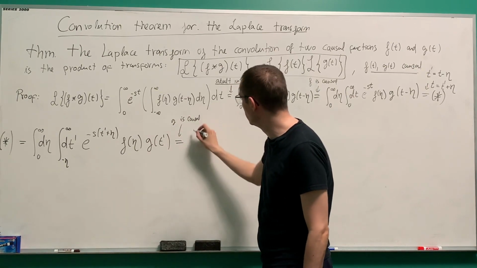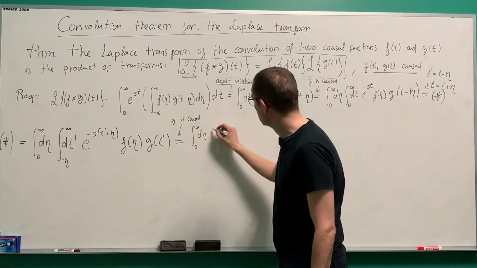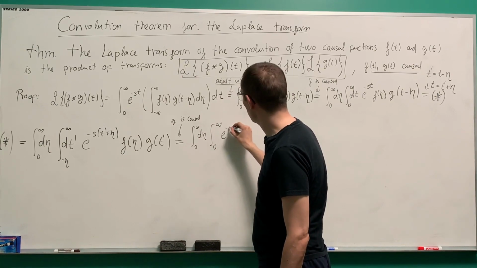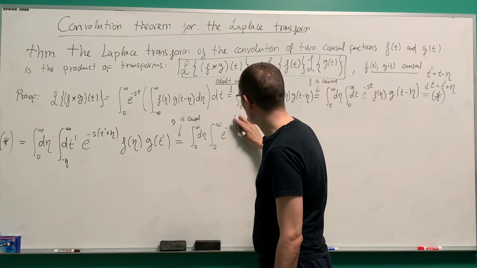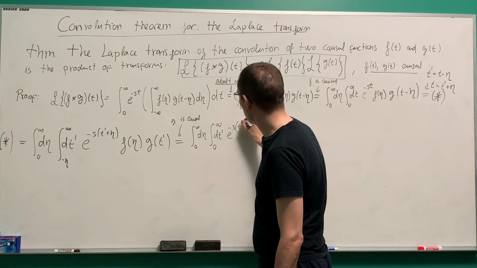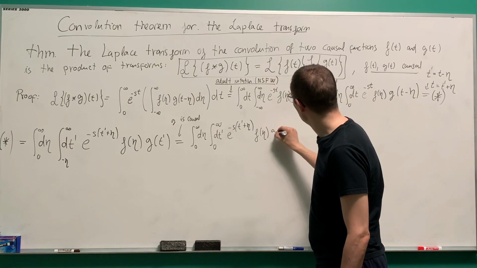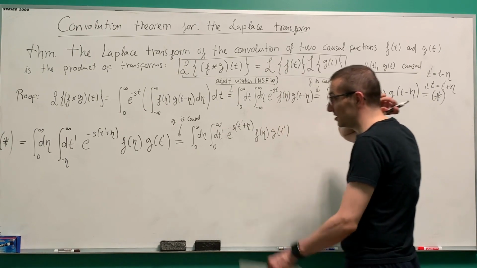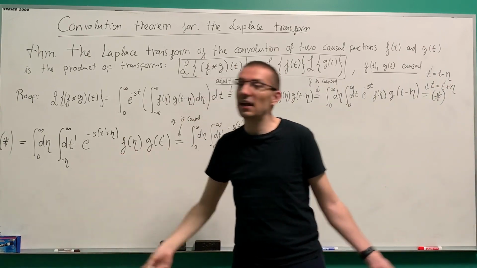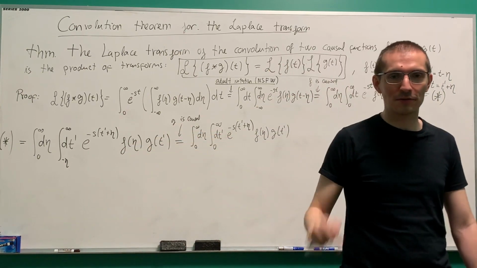If we use that g is causal, then this becomes the integral over eta from 0 to infinity, integral 0 to infinity dt prime, e to the minus s t prime plus eta, f of eta g of t prime. Because g for negative values of the argument, in this case t prime, would be 0. So the sum over all the negative values of t prime doesn't contribute. It's multiplied by 0 for all those values.